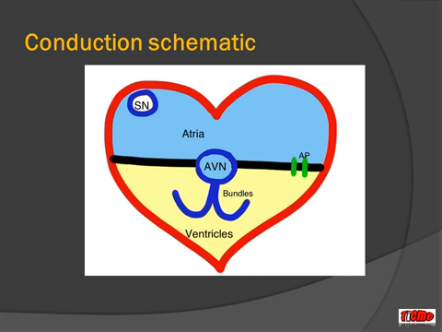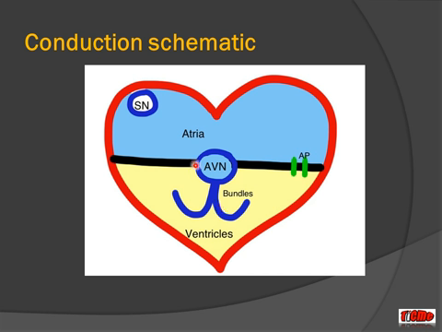Okay, so before we move on to narrow complex tachycardias in detail, I want you to very briefly understand the conduction pathways. To help you do that, I've drawn this simple schematic which looks, I know, like a bit of a smiley dog face, but keeping it simple helps to understand things.